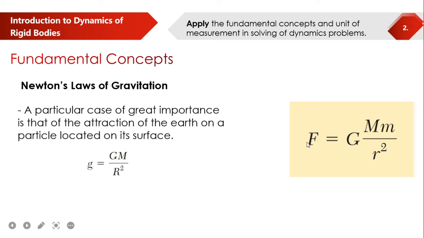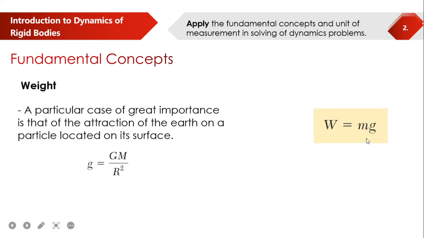And then the whole G M over R squared will be your small letter g. So W is equal to mass times acceleration due to gravity, which we already know. This is computed by multiplying the mass of the Earth, the gravitation constant, and the radius of the Earth squared.